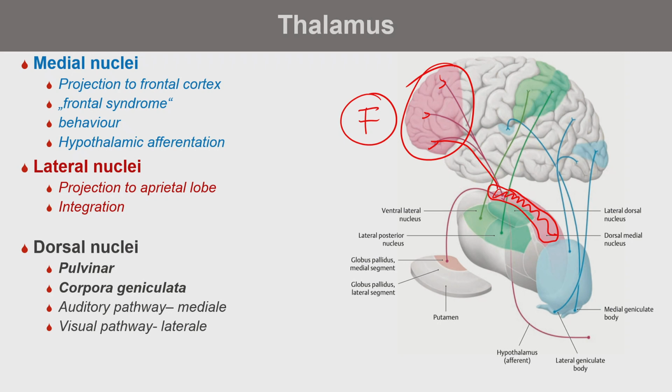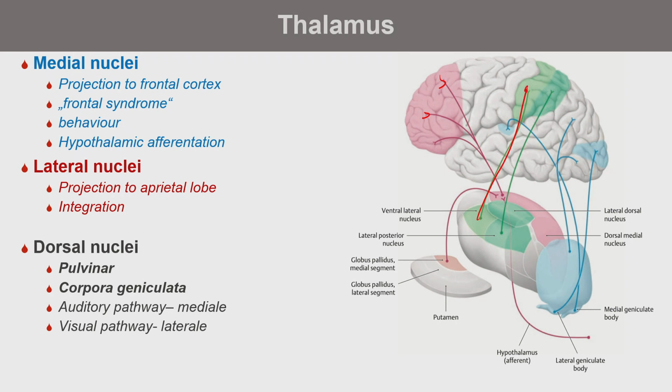Then we have lateral nuclei, which are laterally localized and have projection to the parietal lobe. This is the parietal lobe, which is sensory.